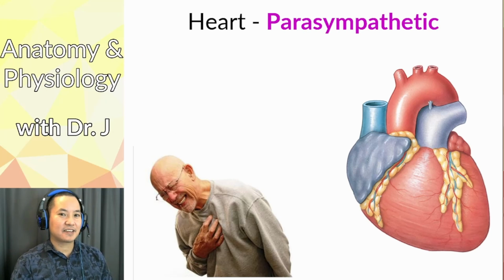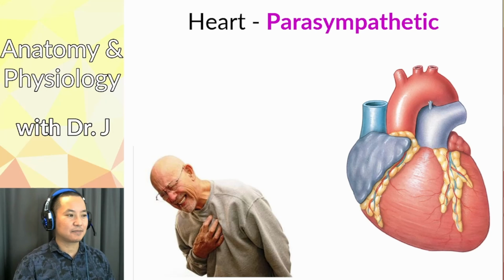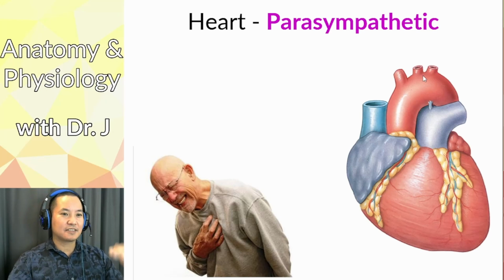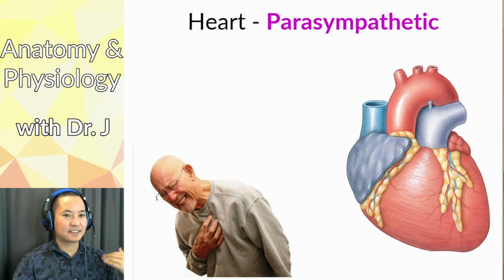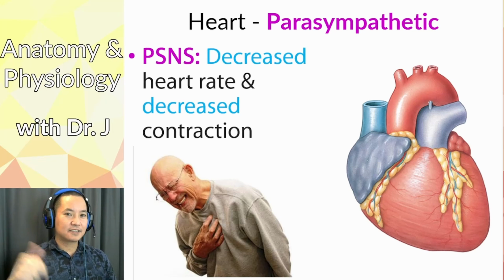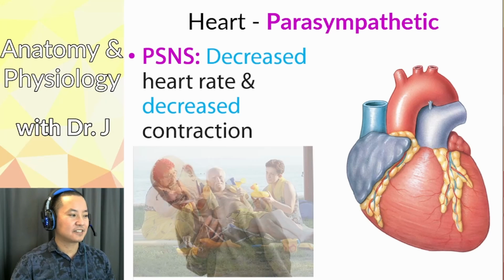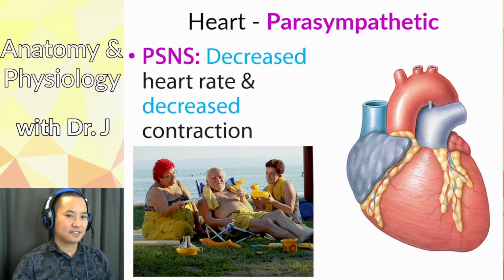Now parasympathetic: the heart is dually innervated. So when you activate the parasympathetic activity, instead of being faster, think of it this way: sympathetic for the heart is the gas, parasympathetic is the brakes. The parasympathetic activity is going to put the brakes on the heart, so you're going to decrease the heart rate and decrease the contraction. So your heart slows down.